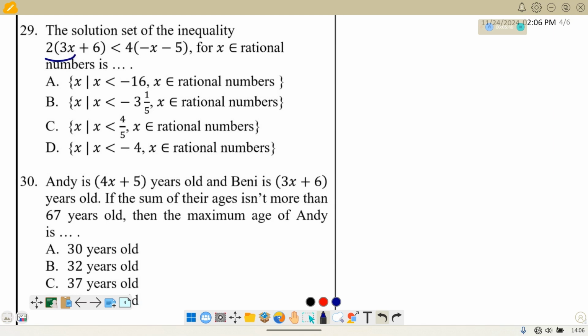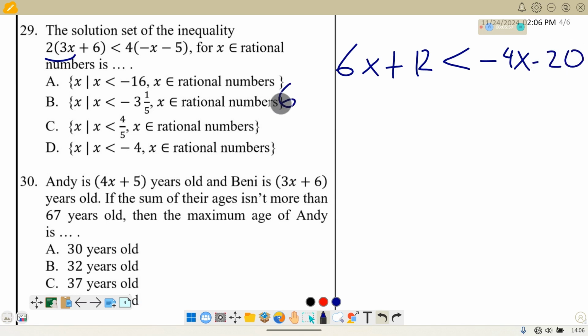2 times 3x equals 6x plus 12, less than 4 times minus x, minus 4x, and 4 times minus 5, minus 20. Now let's try to cancel 12 by adding -12 on both sides.